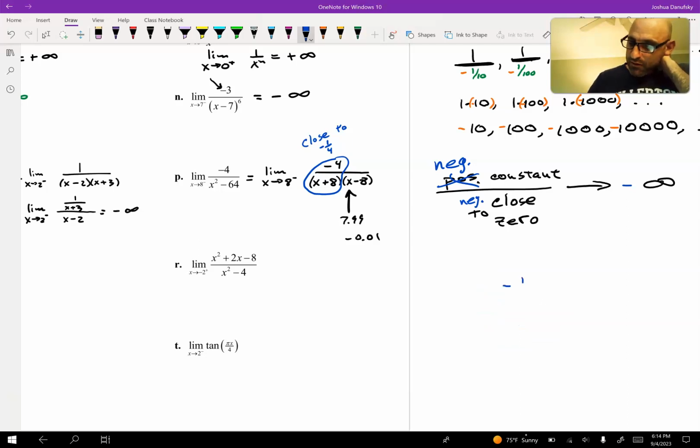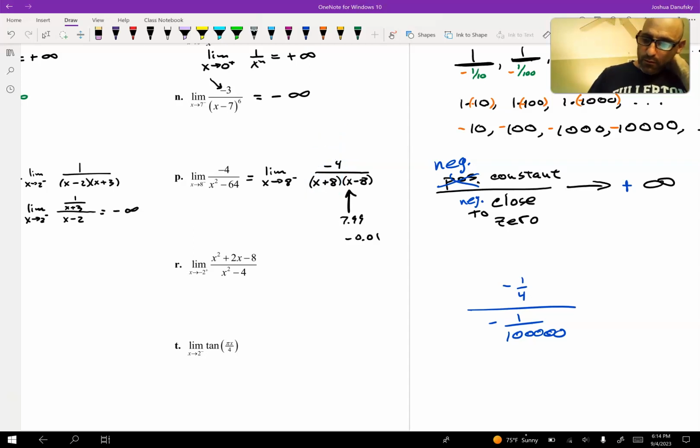So you can almost think of this as negative 1/4 over negative 1 over, again, as many zeros as you feel like. When you multiply by the reciprocal, you're going to get something getting positively huge. So it's approaching positive infinity. And so there we have that one.